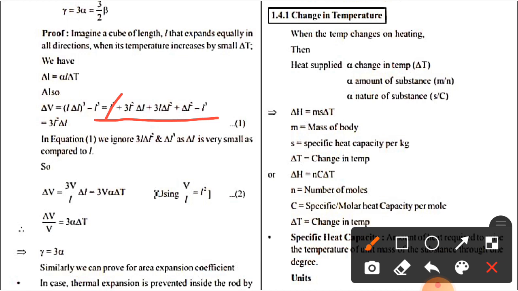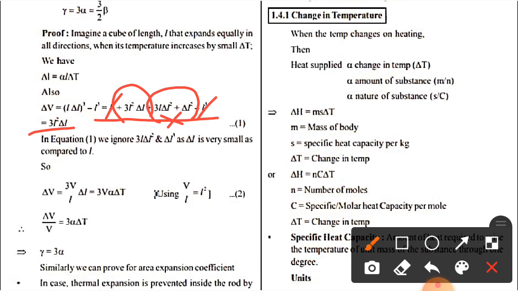So this L cube gets cancelled out. We are left with only 3 terms. Now of these terms, two contain delta L square and higher. Delta L is small, and the square of that delta L will again be very small. So we can neglect these two terms. We are left with only the term 3L square delta L. So our delta V is 3L square delta L, right?